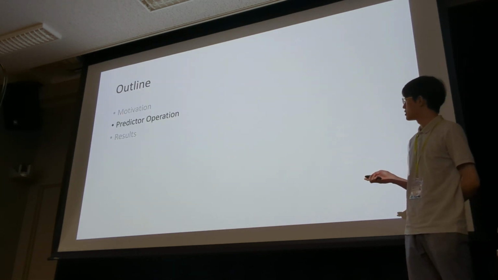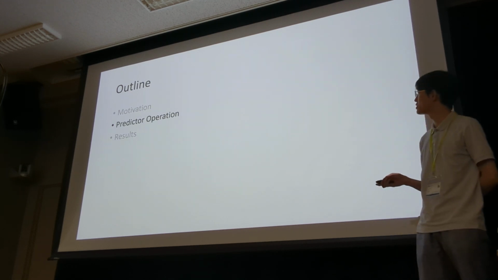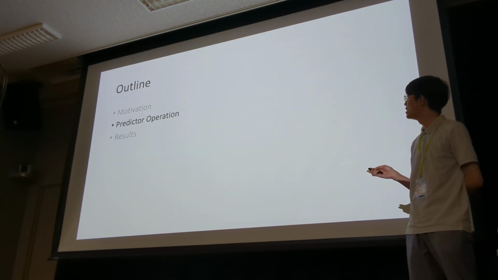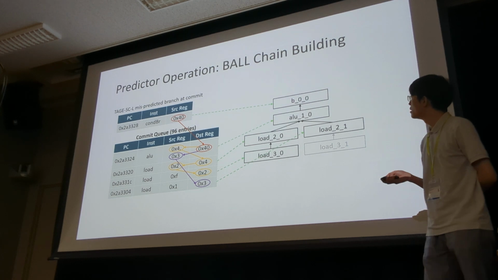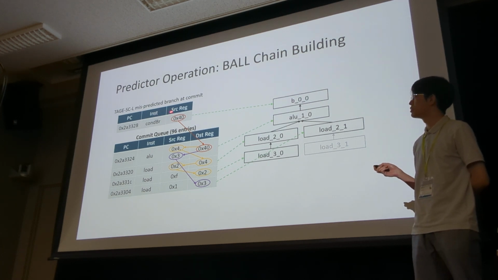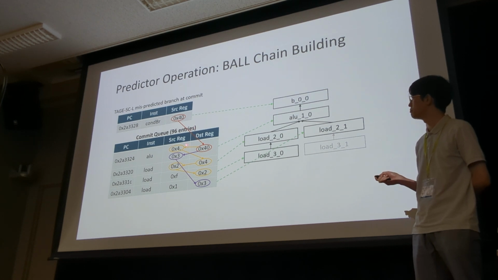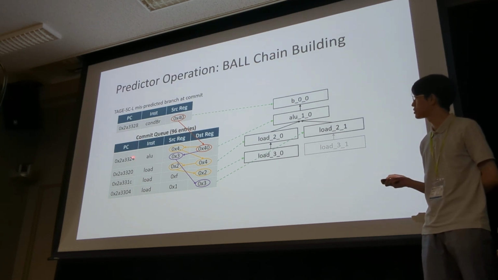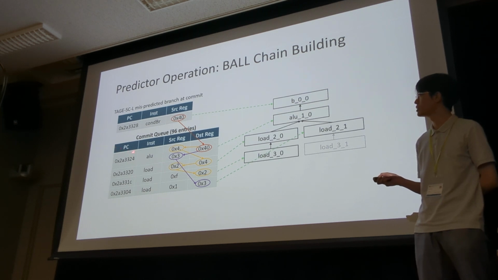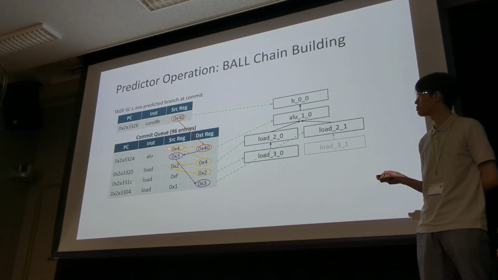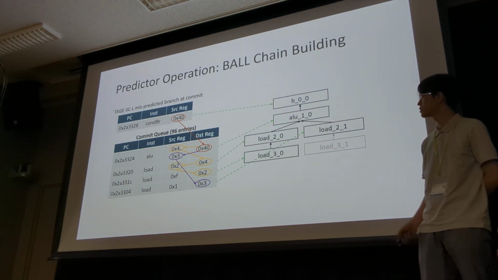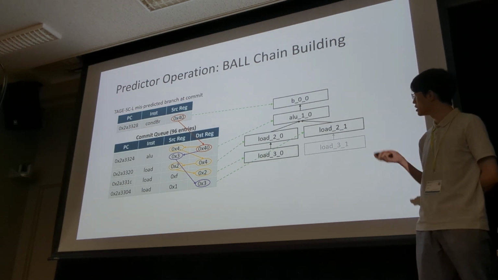So the second part is detailed predictor operation. When a TAGE-SC-L mispredicted branch is committed, the dependence chain is built by tracking the register dependence. To achieve this, there is a 96 entry commit queue to record committed instruction information such as PC, instruction type, source and destination register index.